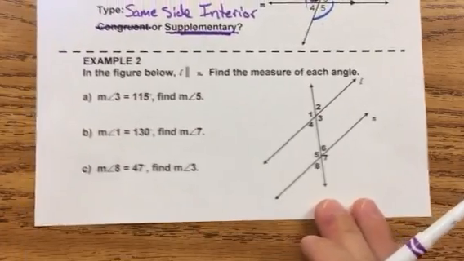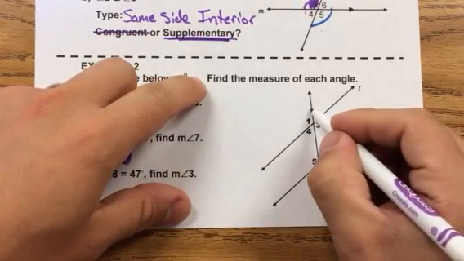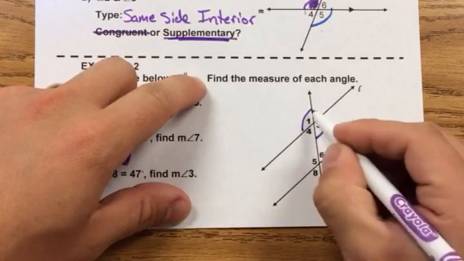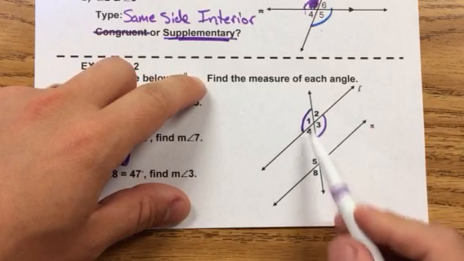Let's go ahead and look down at example 2. Now we're going to take what we know and we're going to apply it. As we go to apply this, I want to show you a little trick. This is something that has been dubbed Harry Potter's scar by some of my former students. What I'm going to do is take my vertical angles and mark them. And then I'm going to take the corresponding angle to angle 1.